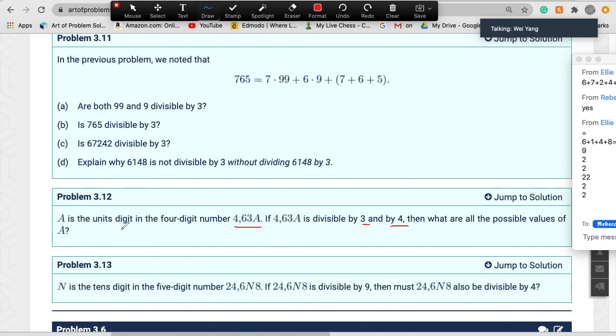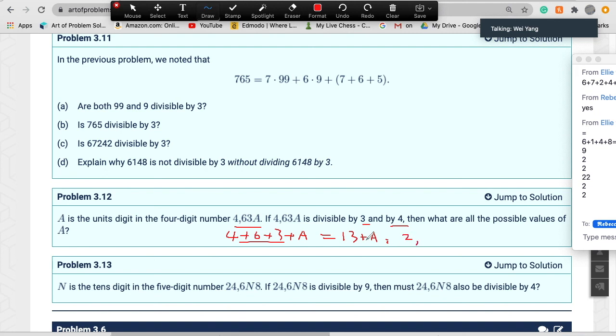Okay, you need to add the digits together, right? Check what makes it divisible by 3. You add these together, you get 13 plus 8. So if this number is divisible by 3, A should equal 2, that's one choice.